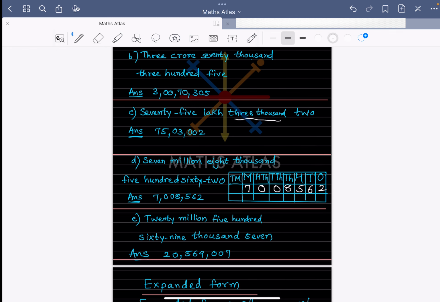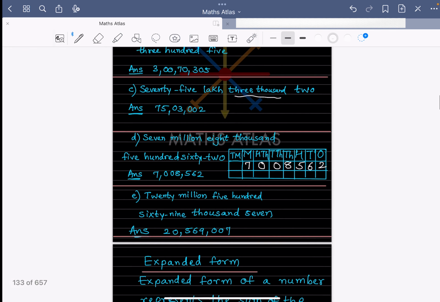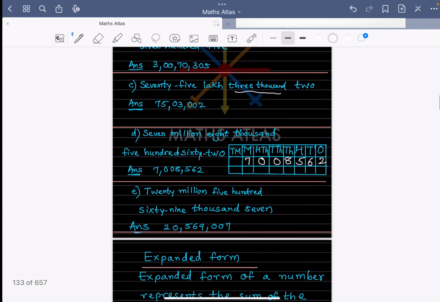Now let us go for the next one, that is 20,569,007. So 20 million means you are going to put here 2 and here 0. Then 569,000, so 569 over here.